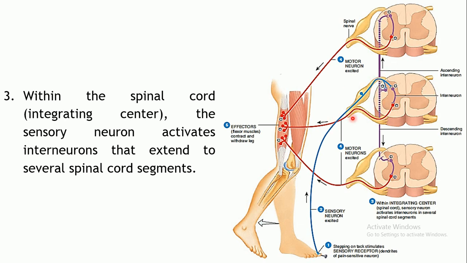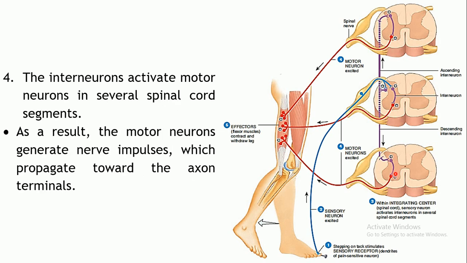So now this is one level. Just above that will be the next segment, below that will be another segment, and so on. Your sensory neuron is entering at this particular point. But as an integrative function, what is happening? This particular sensory information is spreading towards the neighboring segments also.